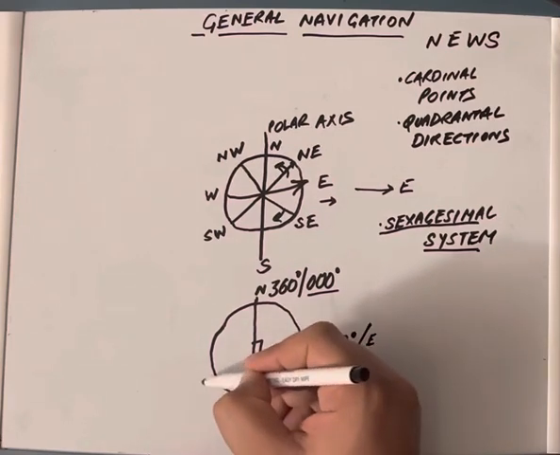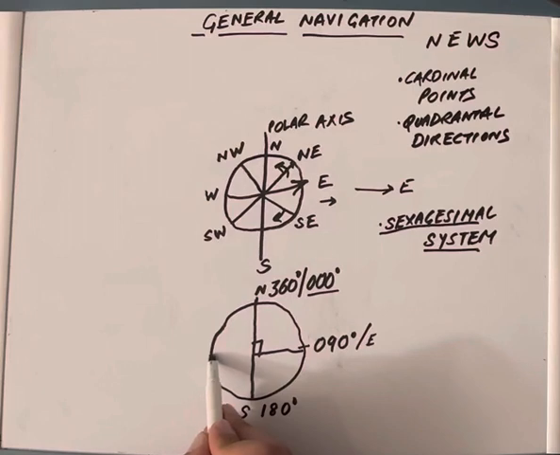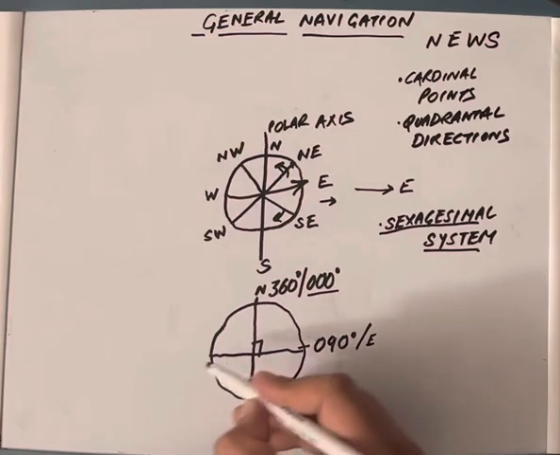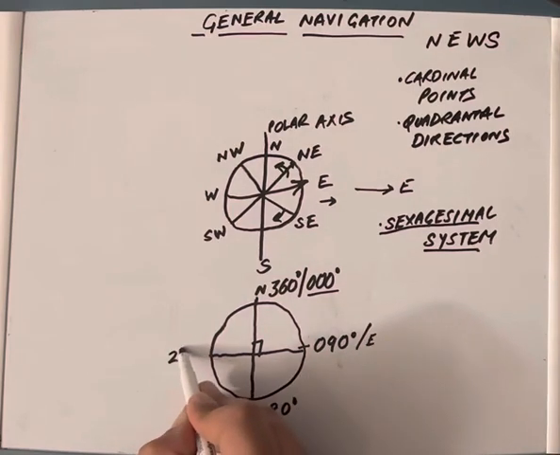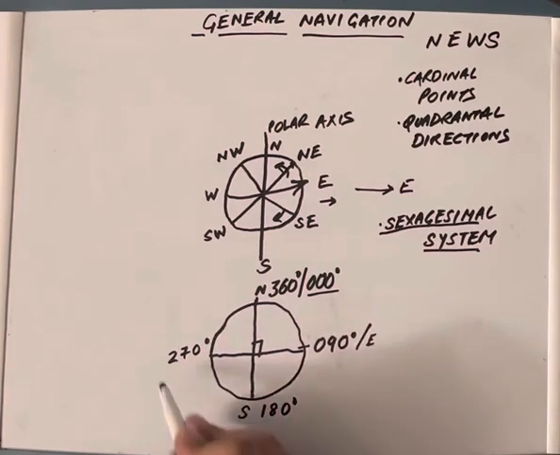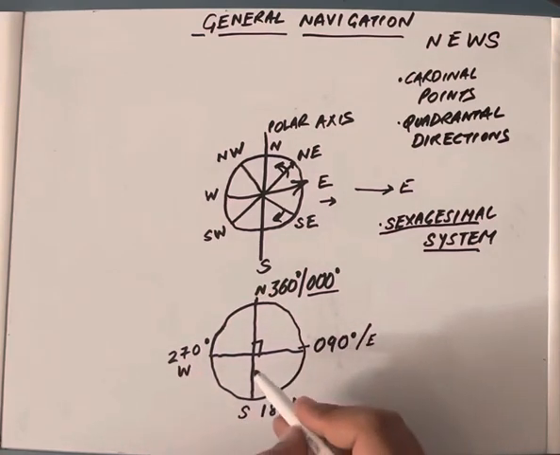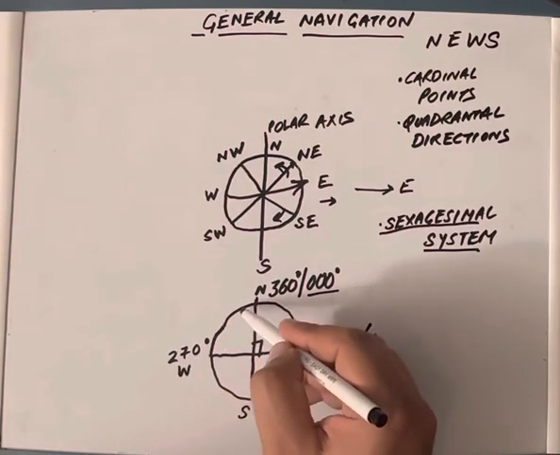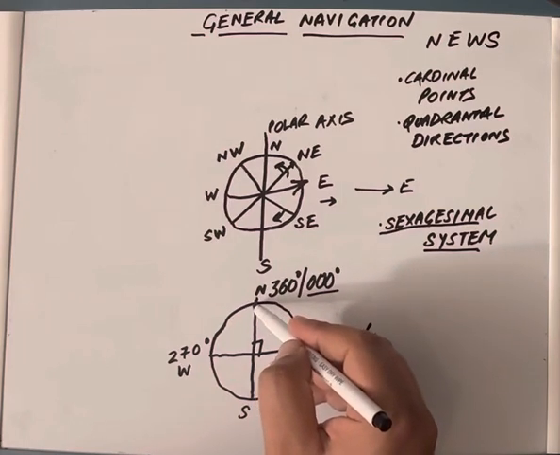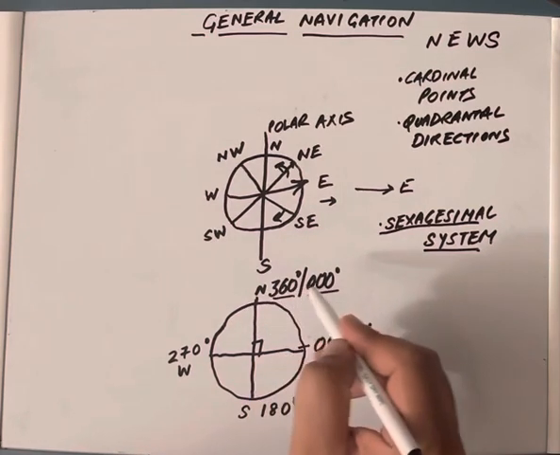Then further from south, we go again clockwise for 90 degrees. So west becomes 270 degrees. And further from 270 to north, again 90 degrees. So north again becomes 360 degrees.